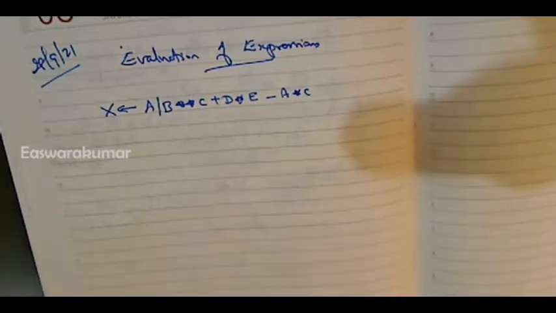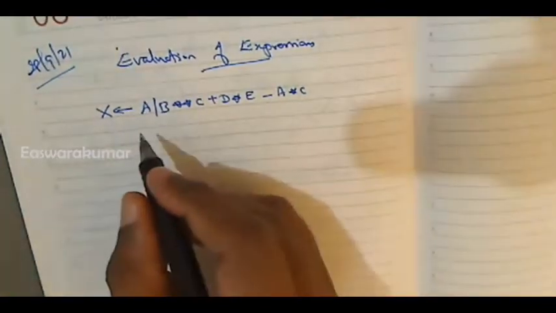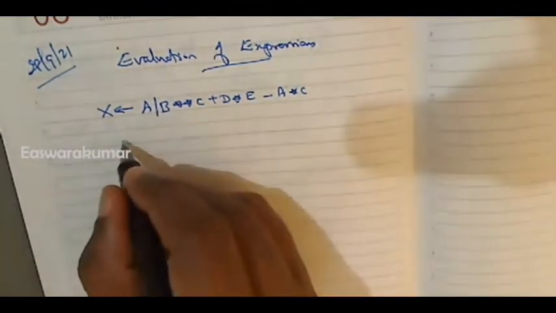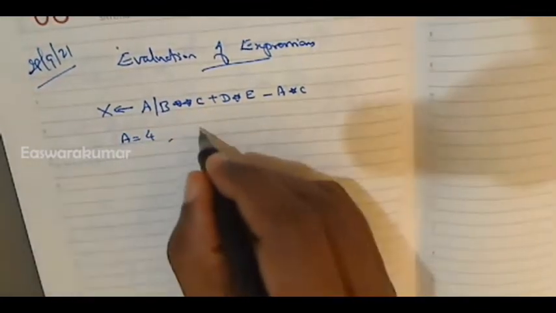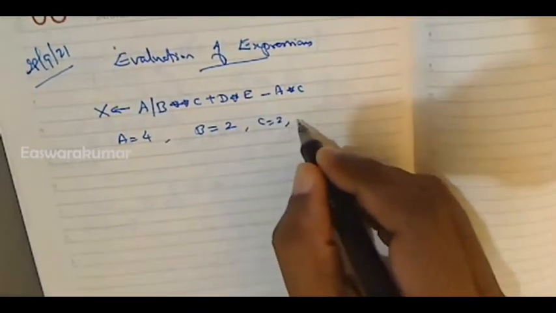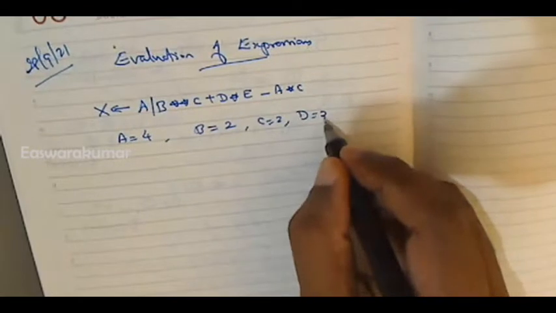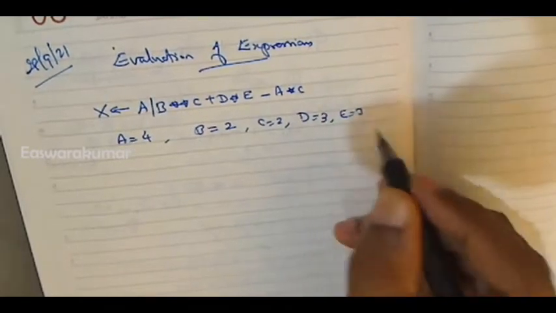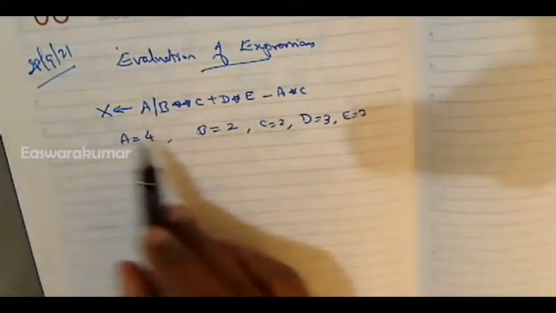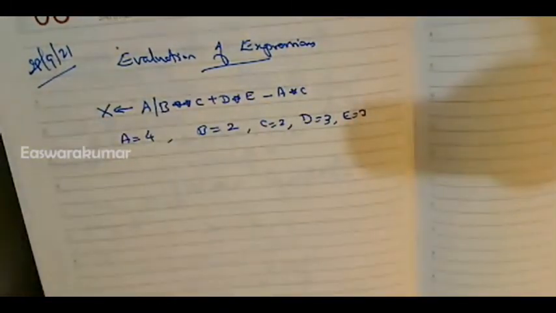Now let us assume some values for these variables. Variables means operands. Let us assume that a is equal to 4, b is equal to 2, c is equal to 2, d is equal to 3, and e is equal to 3. Suppose we assign these values to the operands in this expression.